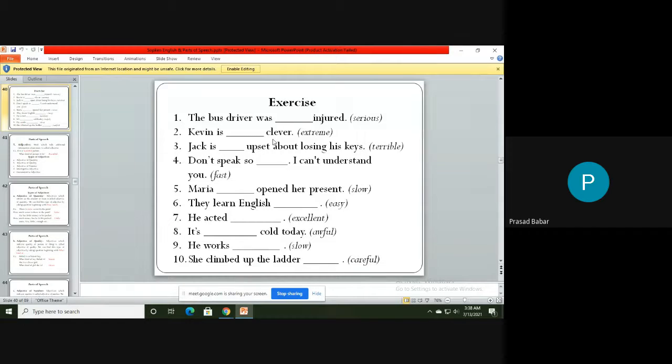Transitive and intransitive: transitive are the verbs after which there comes an object, and in intransitive verbs there is no object which comes after that verb.